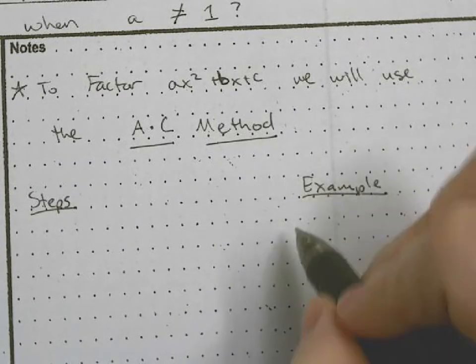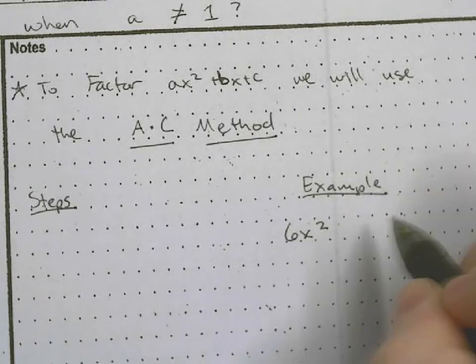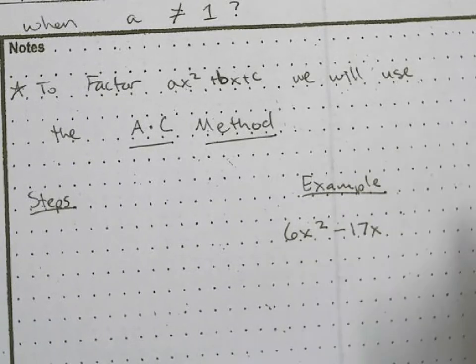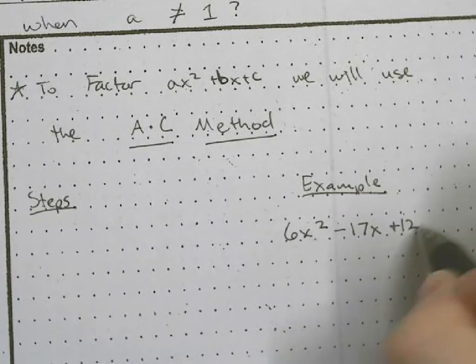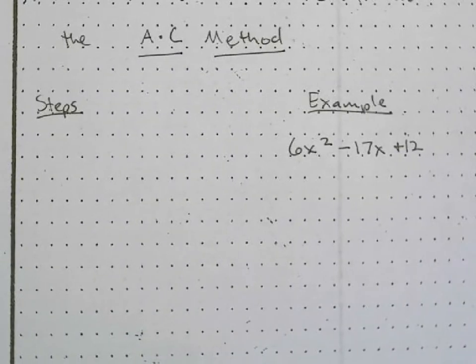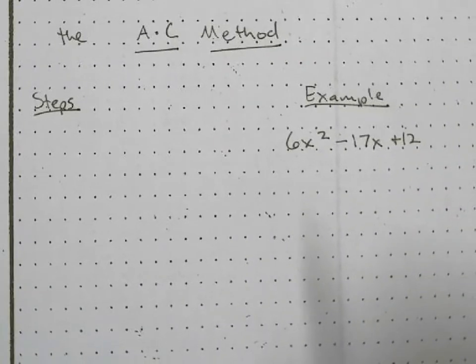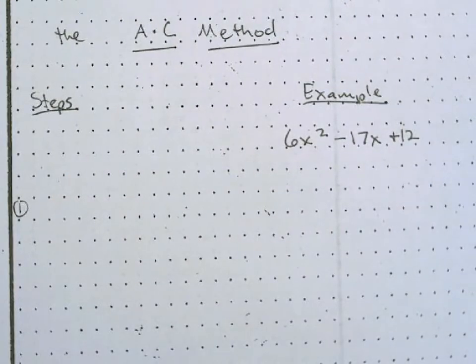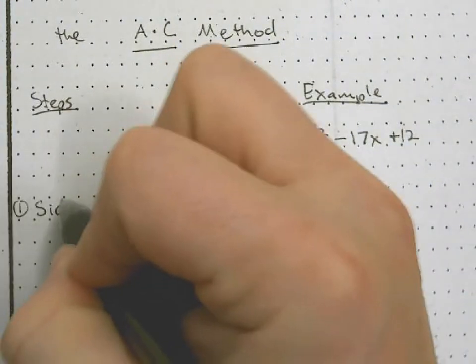So let's say our example is 6x squared minus 17x plus 12. We want to factor this. The first step is our side work.